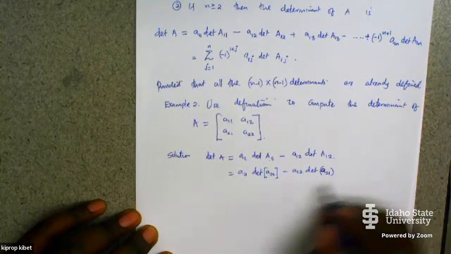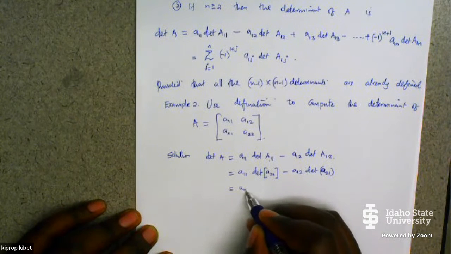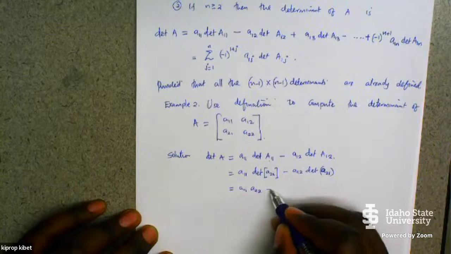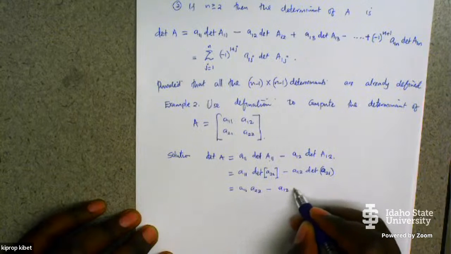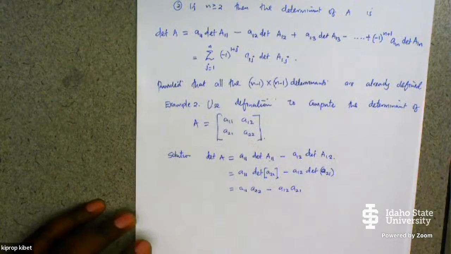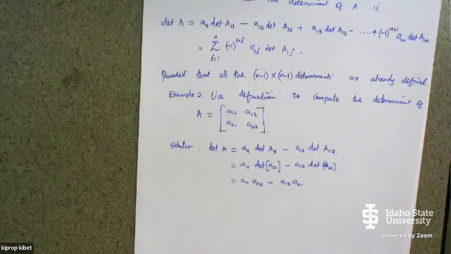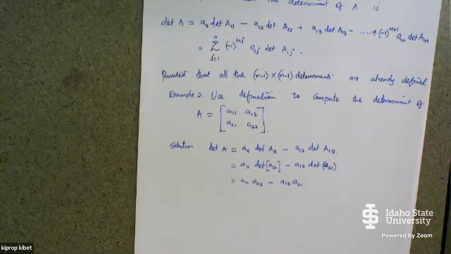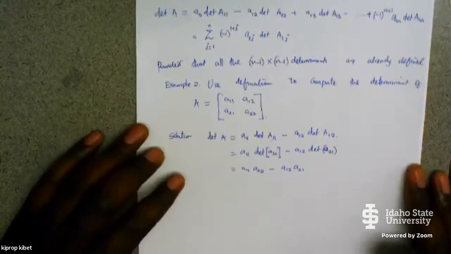So this is A11 A22 minus A12 A21, which is what we were doing last time, the same as A11 multiplied by A22 minus A21 multiplied by A12.